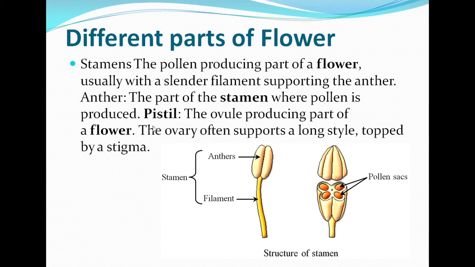Pistil was not mentioned in your book, but you should know that the ovule producing part of a flower is known as pistil. Now, this is stamen total, this is stamen, and this is anther, and this is filament. Okay, this is the structure of stamen.